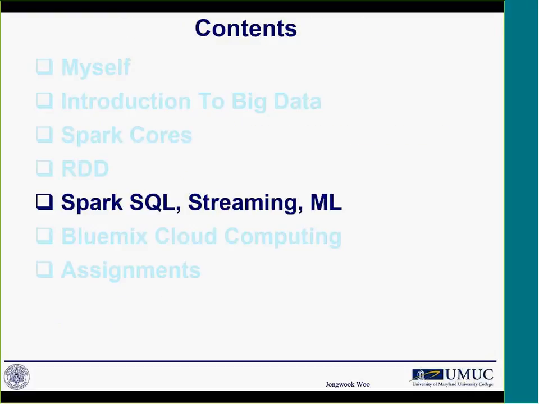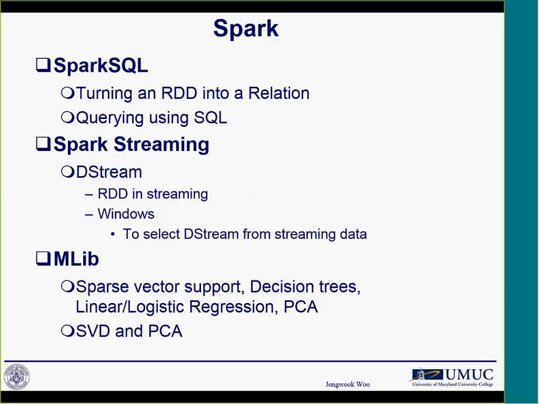Now let me move to a brief introduction of the Spark API. Spark SQL is to turn an RDD into a relation that uses SQL and data frames. So once you know SQL syntax, you can easily adopt Spark SQL. I mean, you can write code in Spark easily. Also, Spark Streaming is to collect data in real time and also to analyze it in real time.